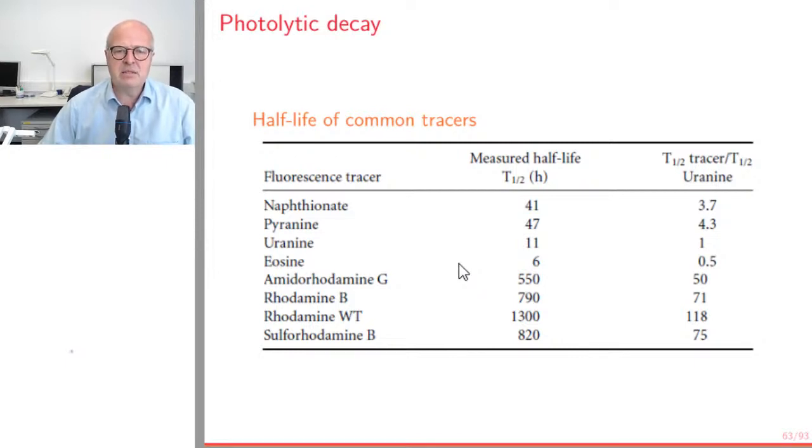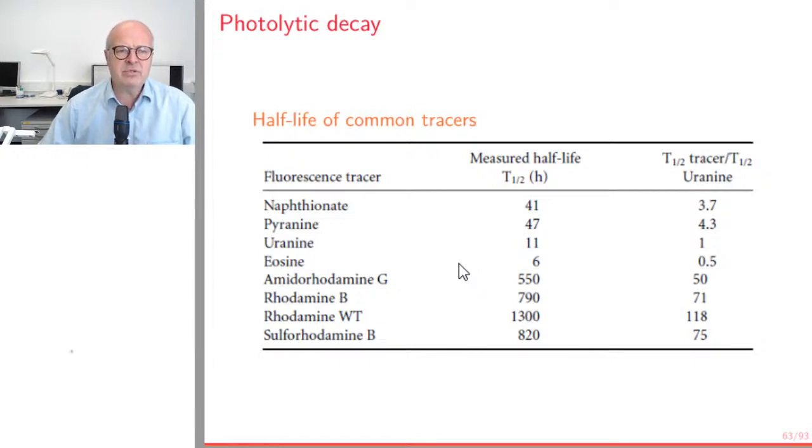into two parts. There are tracers that have a half-life of 6 to 11 hours, uranine and eosine. They are sensitive to sunlight. And pyranine, naphthionate are also sensitive to sunlight, though a little bit less. And then you have a second group, which are the rhodamines, amidorhodamine, sulforhodamine, that have half-lives of 550 to 1300 hours.